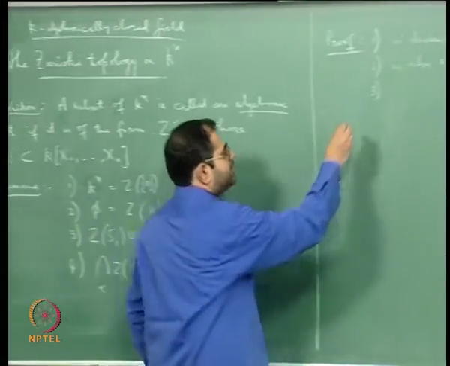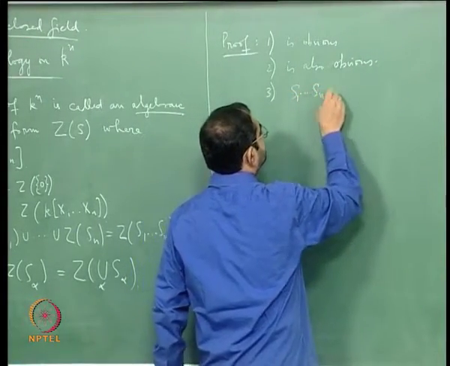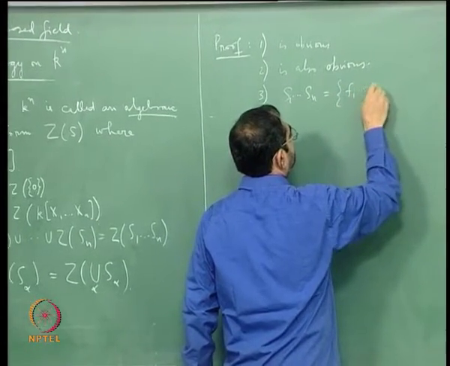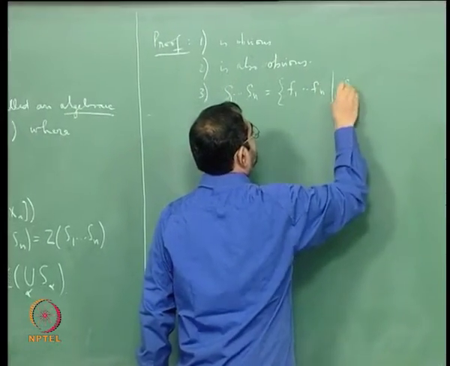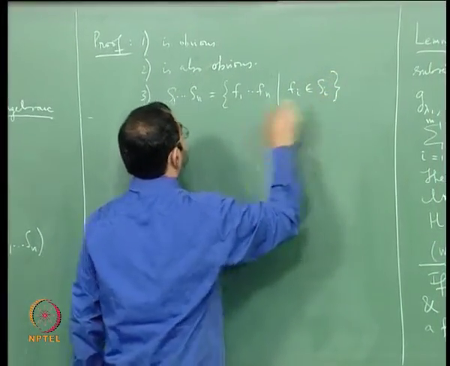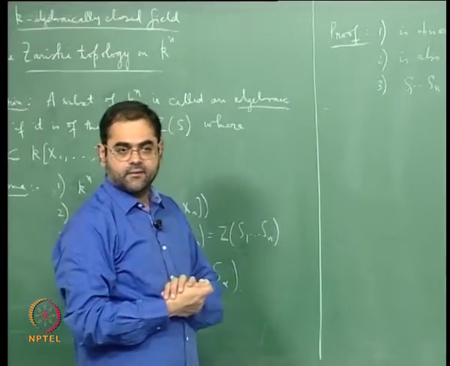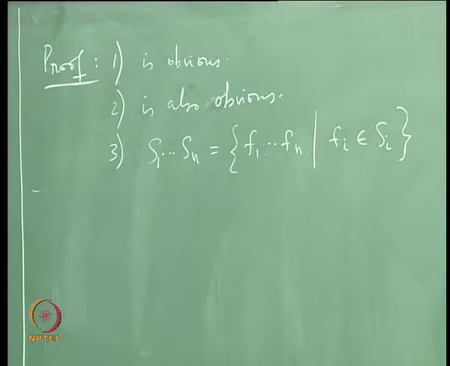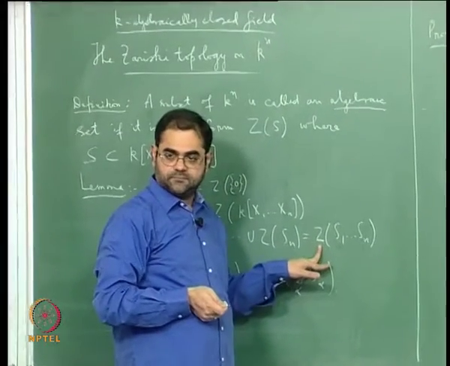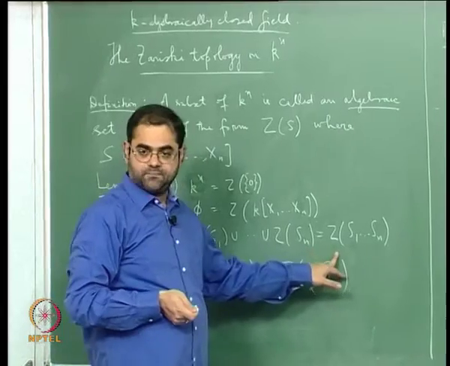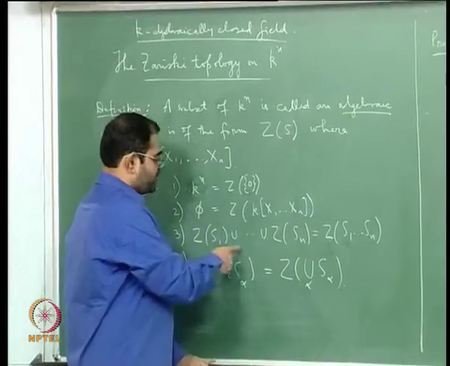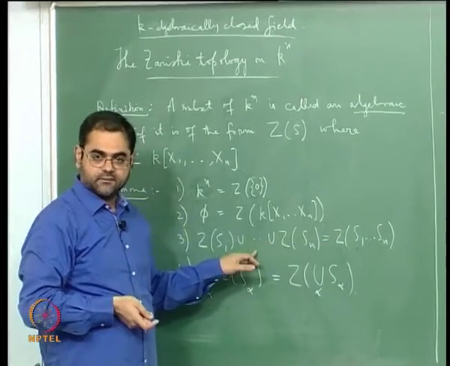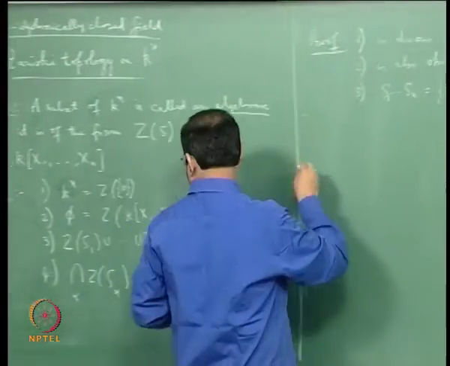So let me write that S1...Sn is actually the set of all f1...fn such that fi is in Si. You take one member from each Si and then multiply them out. Then you take the 0 set of that, and my claim is that this and this are the same. So as usual, how do you check two sets are the same? You take something here, show it's there, you take something there, show it's here. So let's try to do this.